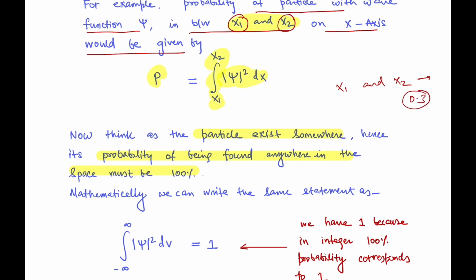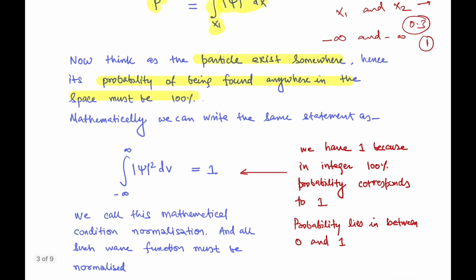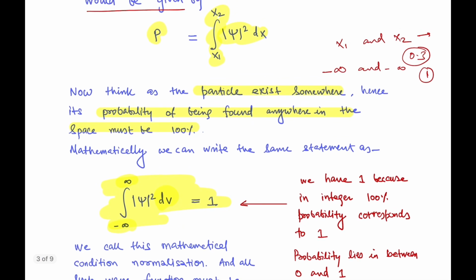Then the probability of the particle being found in all the space, between minus infinity and plus infinity, should be overall 1, because at some place that particle should be there, it must exist. So mathematically, when you change the limits from minus infinity to plus infinity over all the volume, dV meaning volume, you must get the probability 1.